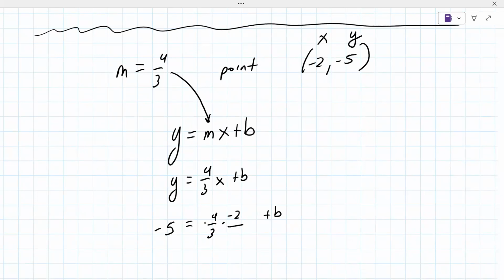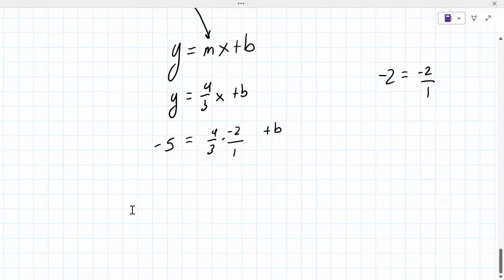If you don't recall how to manipulate a fraction by multiplying, you multiply the tops and then you multiply the bottoms. Any number can be written as a fraction like that. So this becomes -5 = -8/3 plus b, and then you add it to the other side of the equation there.